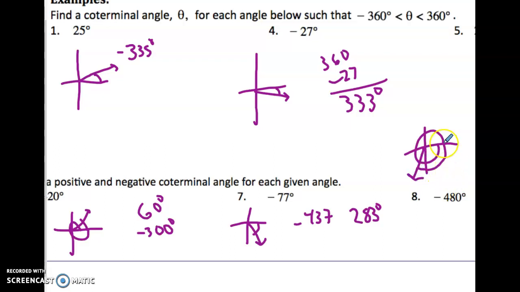So one possible negative answer would be to go from the x-axis over here, which would be the 120, so just negative 120. Or if we add 360 to negative 480, we get the negative 120. A positive number would be 360 minus the 120. So a positive angle would be 240, because 240 plus 120 is 360.